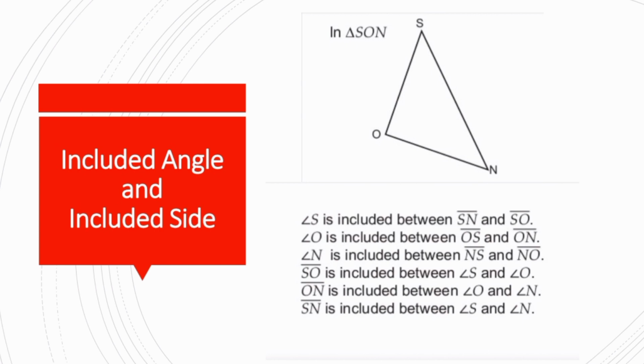Angle N is the included angle between line segment NS and line segment NO. Line segment SO is the included side between angle S and angle O. Line segment ON is the included side between angle O and angle N. And line segment SN is the included side between angle S and angle N.